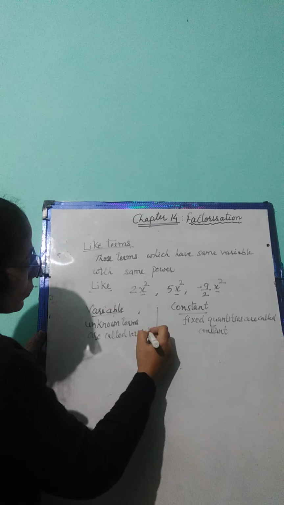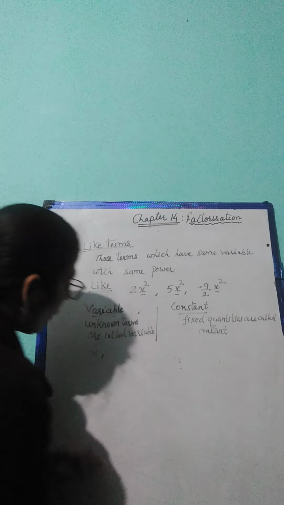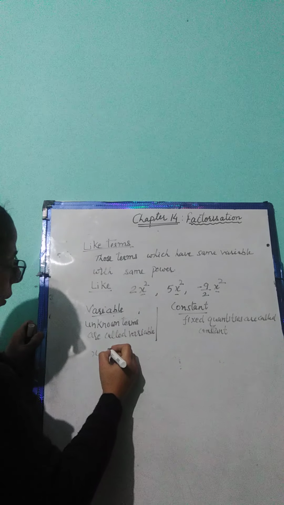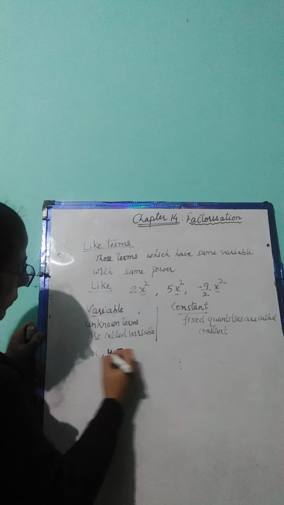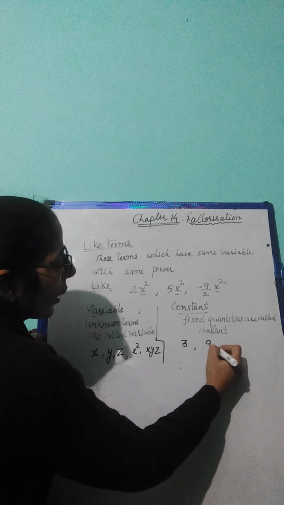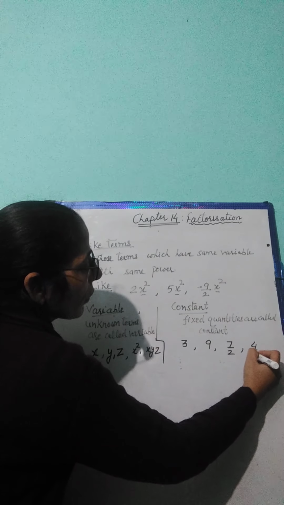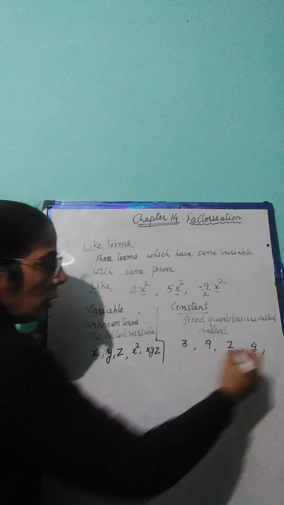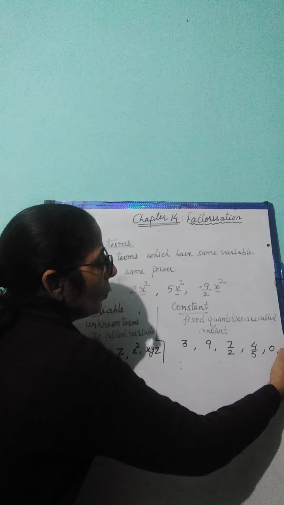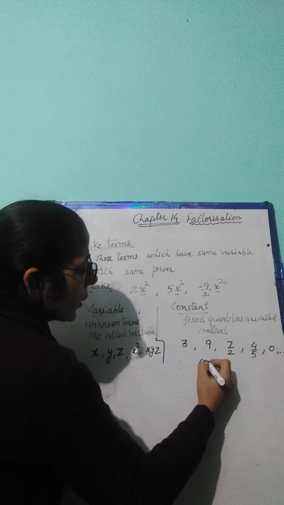See, x, y, z, t, whatever these terms, x square, xyz, these are all variables. And what are the constants? 3, 9, 7 by 2, 4 by 5. They are all constants.